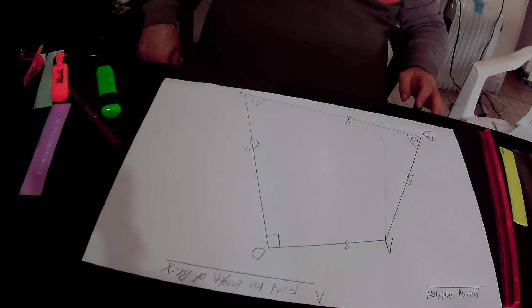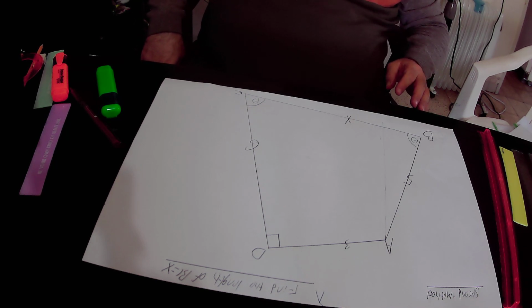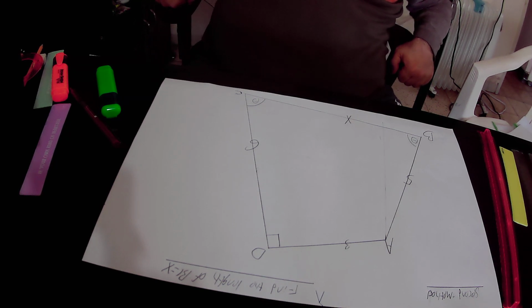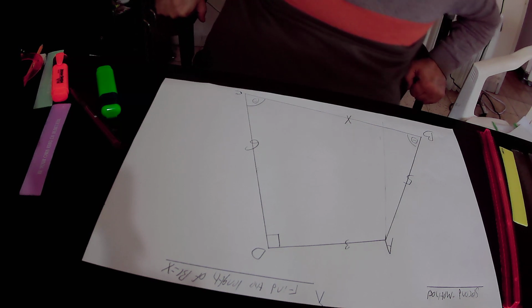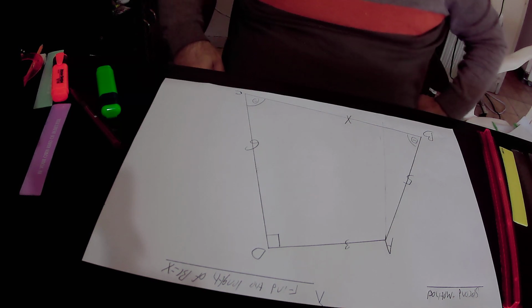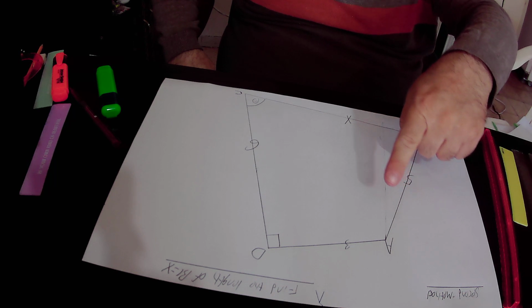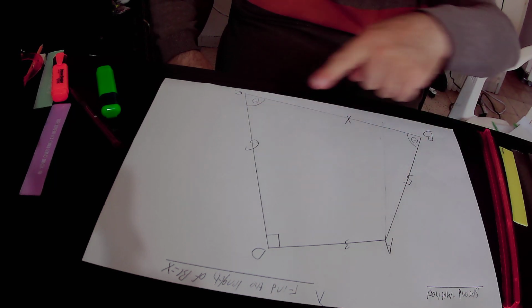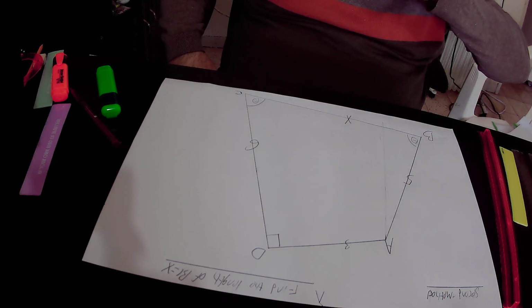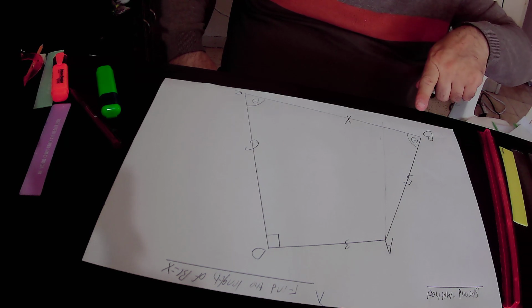In the second method, we do another construction. From point A, we draw a straight line on DC in such a way that it will be perpendicular to BC.